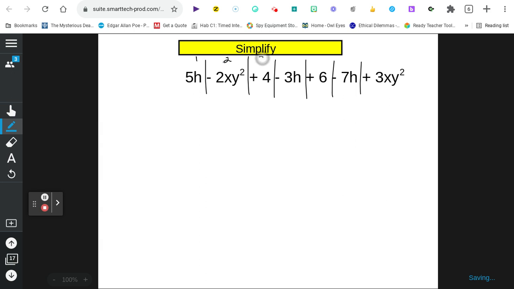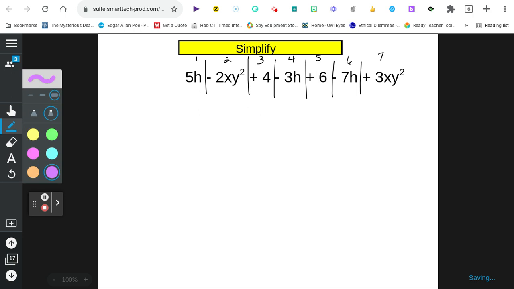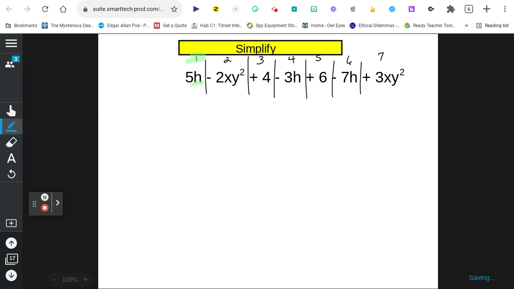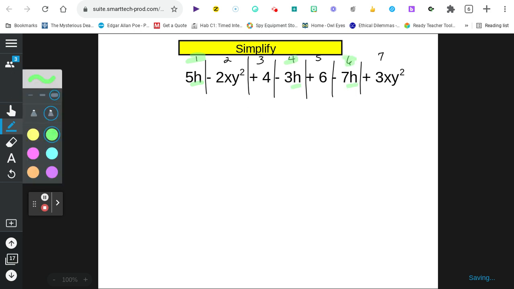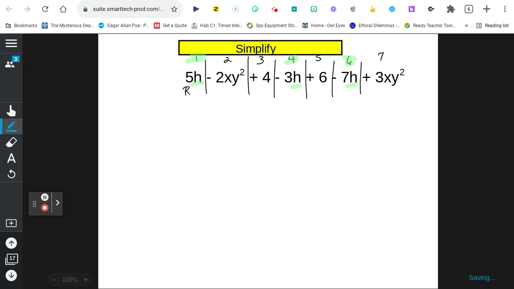Term 1, 2, 3, 4, 5, 6, and another 7 terms. I can tell you that term 1 has H, and is going to match term 4, which has H, and term 6, which has H. Let's look at those coefficients. Coefficient for term 1 is 5. The coefficient for term 4 is -3. It goes left.